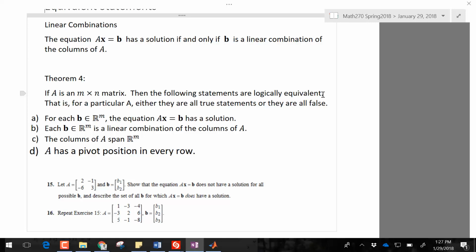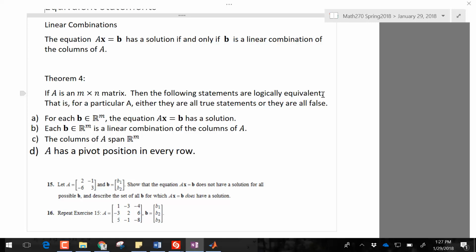And then just to tack on a theorem, if you have an m by n matrix, then these four things are equivalent, which is to say that they're either all true or all false. The first one says the equation has a solution for each vector b. Also, we can write b as a linear combination of the columns of A, regardless of what b we choose.